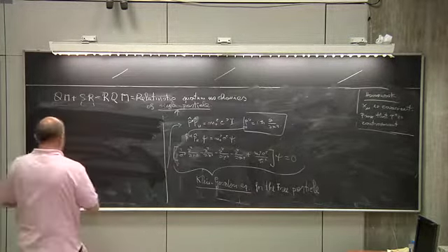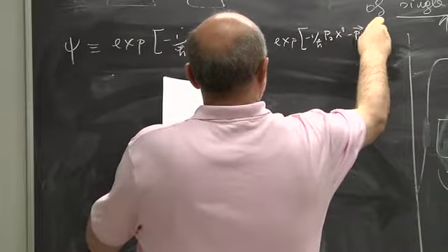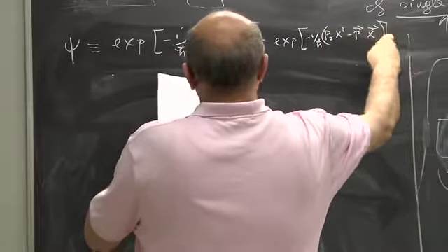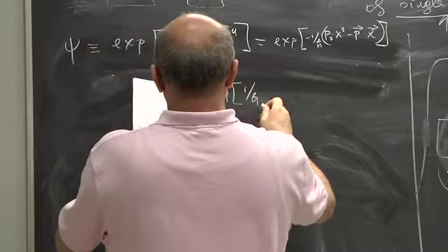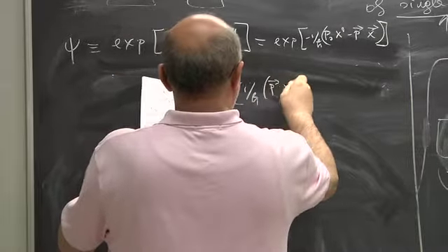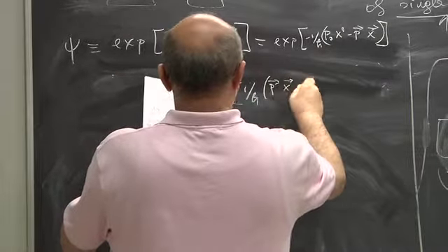I can prove to you that this solution, defined in the following manner, exponential minus i over h bar P mu X mu, that means exponential minus i over h bar (P0 X0 minus P times X), which is exponential i over h bar (P times X minus E times T).